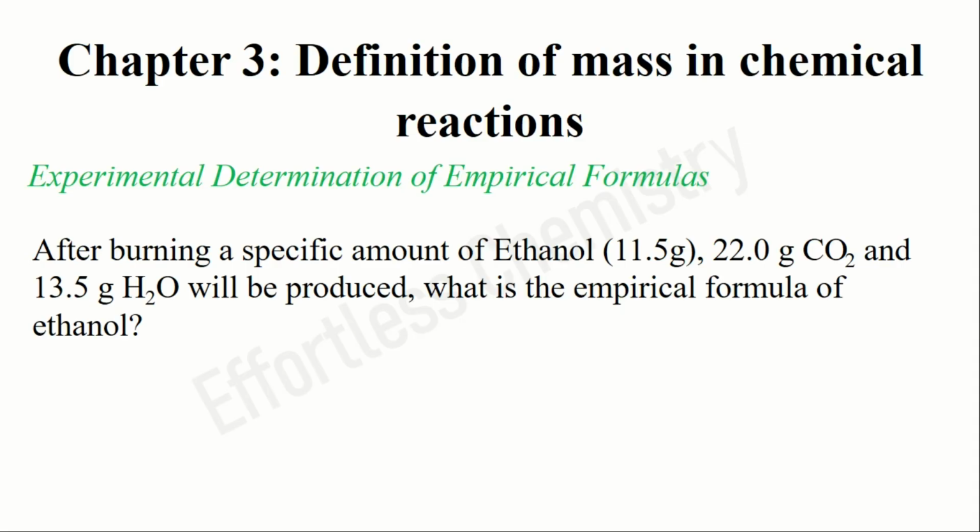Molecular oxygen was added in the combustion process, but some of the oxygen may also have come from the original ethanol sample. The masses of carbon dioxide and water produced can be determined by measuring the increase in mass of the carbon dioxide and water absorbers respectively.